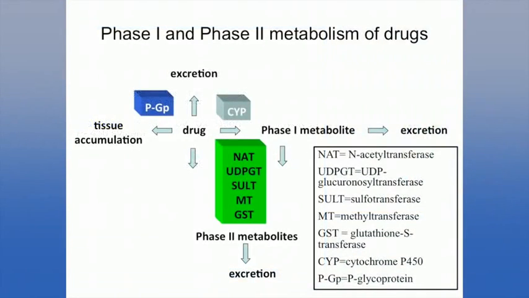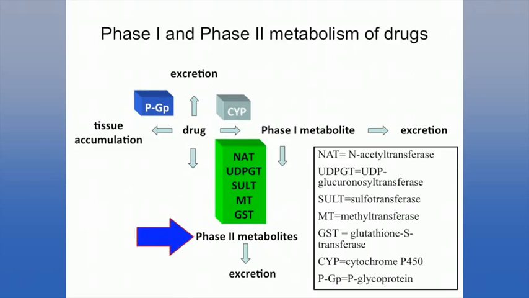A picture. Here's your drug in the center. Remember that slide on drug disposition? The drug can accumulate in tissue. It can be excreted unchanged. It can undergo biotransformation. And here you're looking at phase 1 biotransformation, and here you are looking at phase 2 biotransformation.